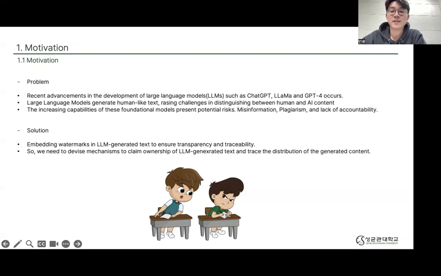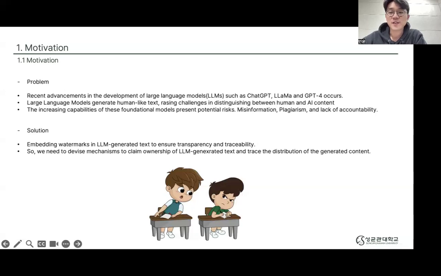While this innovation has driven advancements in numerous domains, it has also introduced significant risks. The potential misuse of these models for spreading misinformation, plagiarism, and evading accountability is a growing concern. The need for a robust mechanism to claim ownership of an AI-generated text and ensure traceability is paramount.